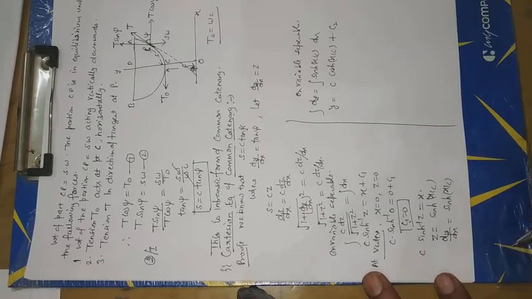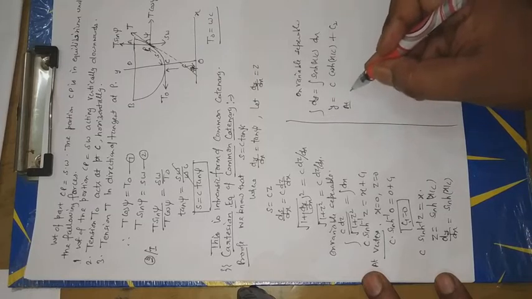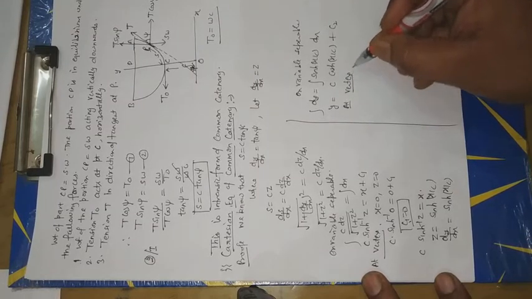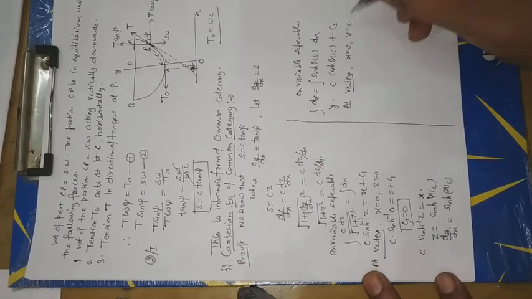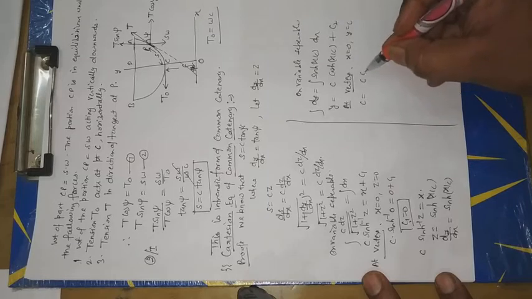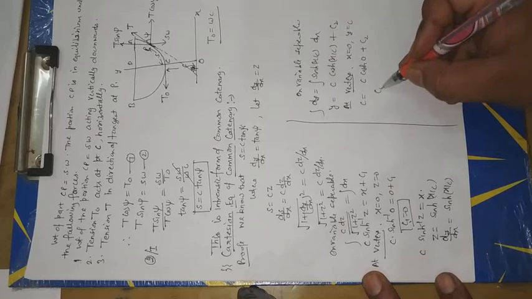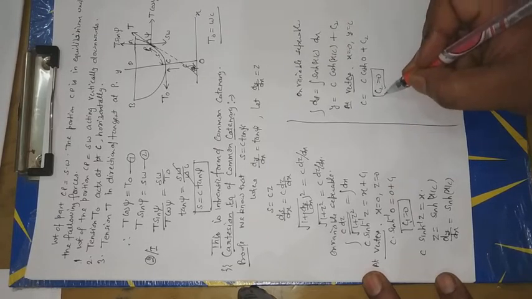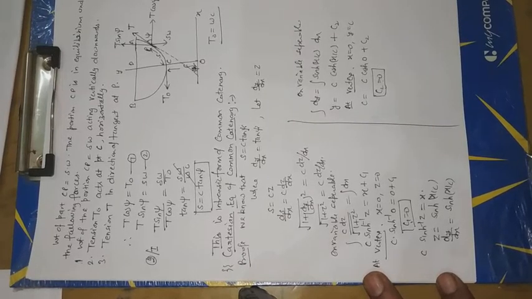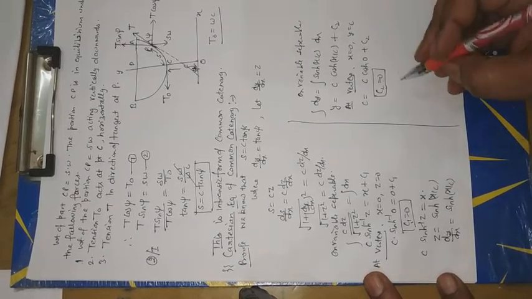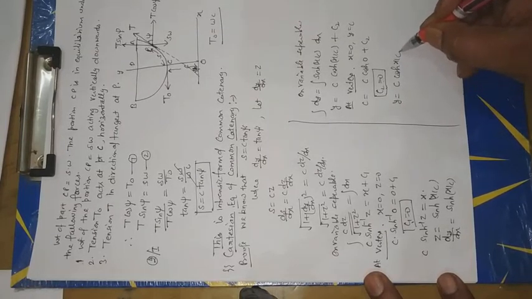Now again we use the vertex, x is equal to 0, y is equal to c. Now c is equal to c cos h 0 plus c2. Now c2 is equal to 0, since the value of cos h 0 is equal to 1 and sin h 0 is equal to 0, that is y is equal to c cos h x upon c.